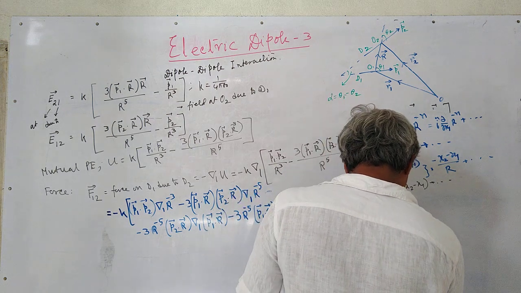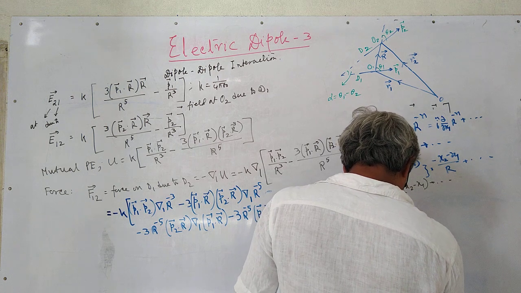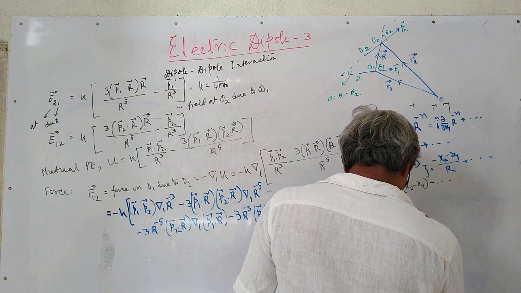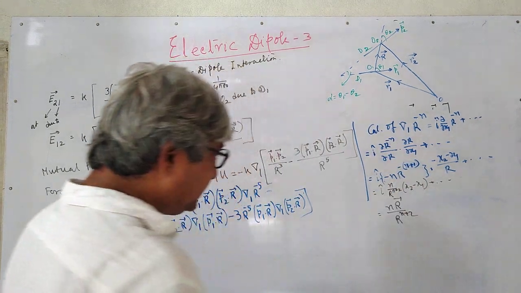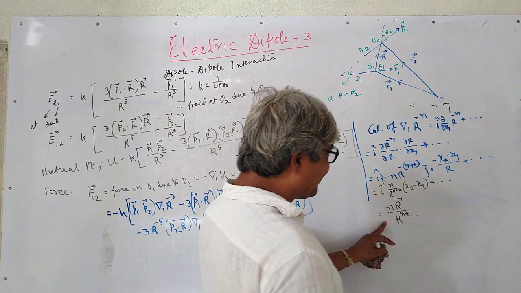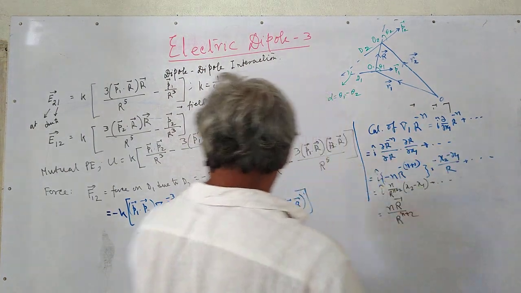So the result is n vector r by r to the power n plus 2. Note that the sign is plus. We generally obtain a negative sign. The sign is plus because of the definition of vector r.